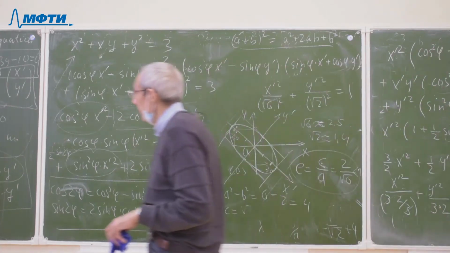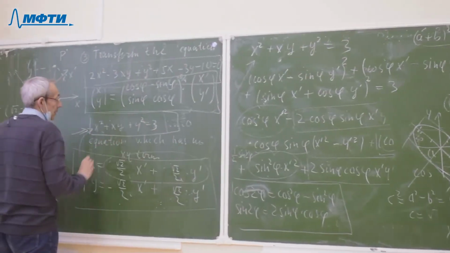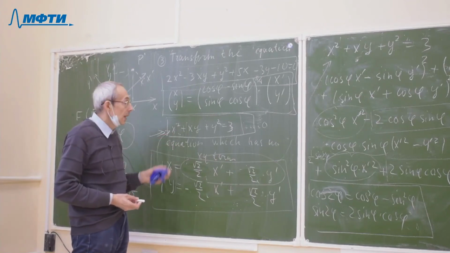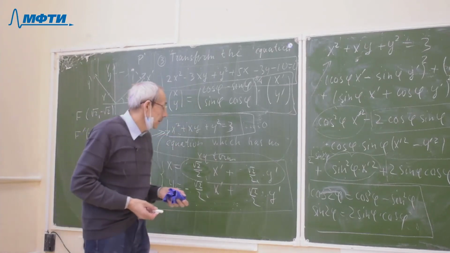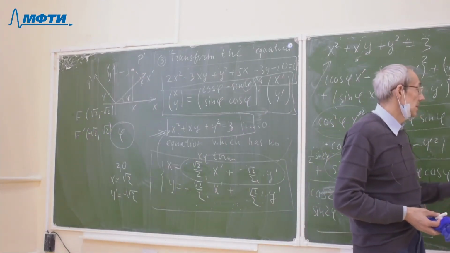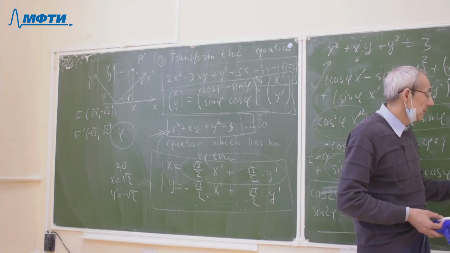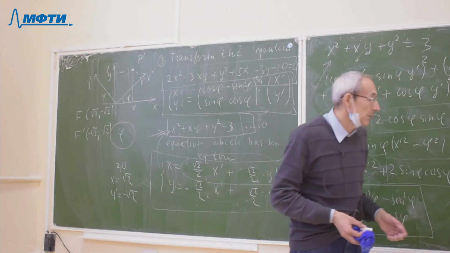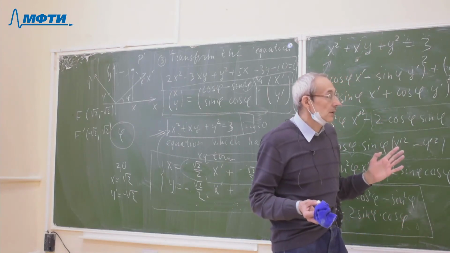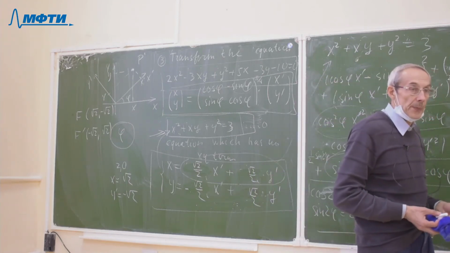We considered the canonical form of this equation, and we obtain that this equation defines an ellipse. And we can draw the picture and draw this ellipse in the new coordinate system. We have this form, and we calculated the main parameters of the ellipse, the eccentricity, the coordinates of foci, and the equation of directrices.